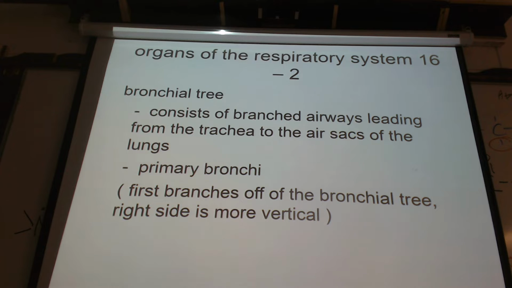Now, the air sacs are at the very end of these structures, and air would travel through a trachea, a bronchus. Since the letter U is further up, that's why we call that the bronchus. Then you have bronchi, the first branches off of this tree.